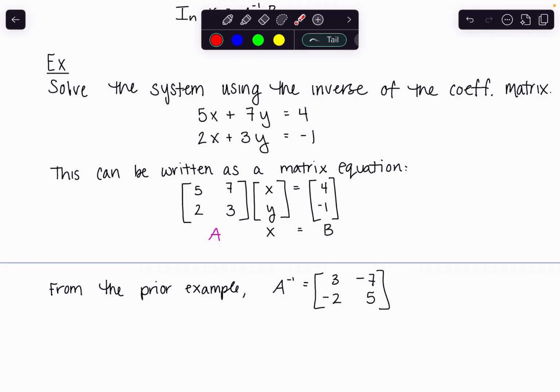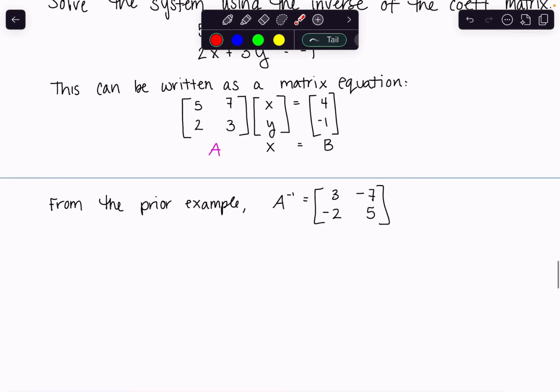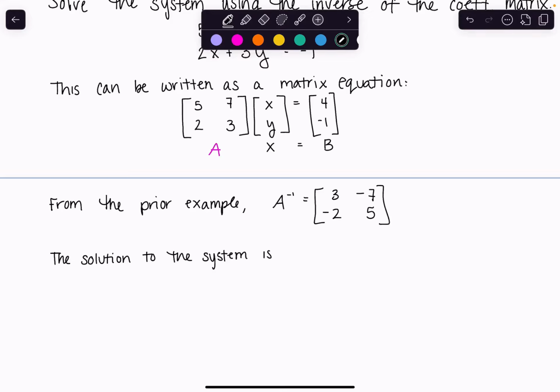So my solution to the system is just going to be my inverse multiplied by this matrix, which is my answer matrix. So the solution to the system is A inverse times B. Okay. So we just need to do this matrix multiplication.